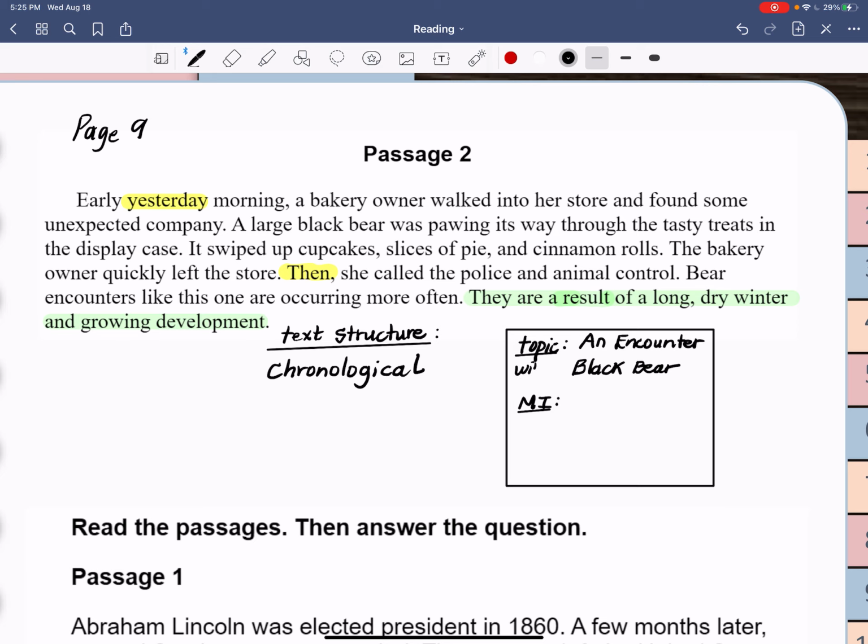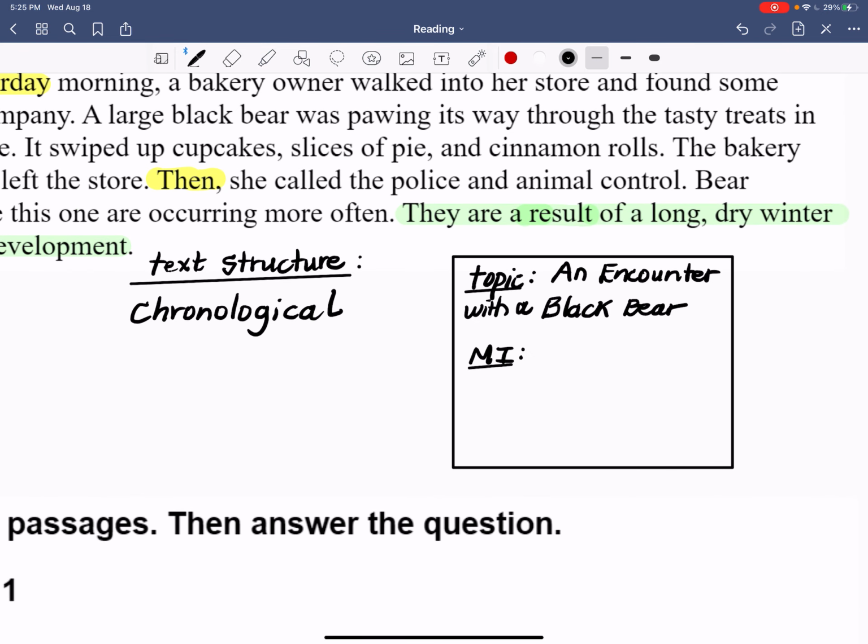This is telling the story of an encounter with a black bear. And so let's put this into a sentence.